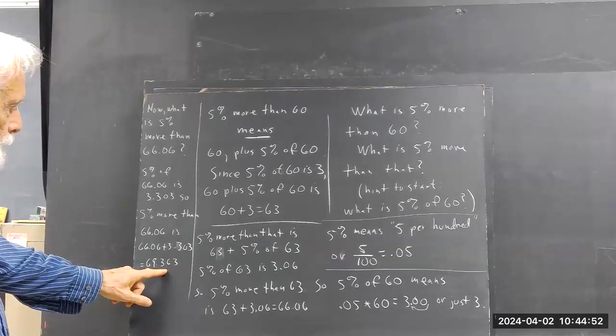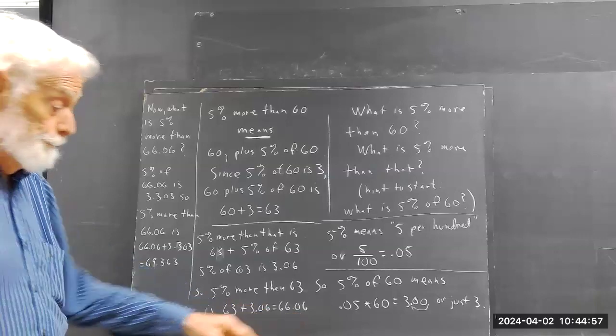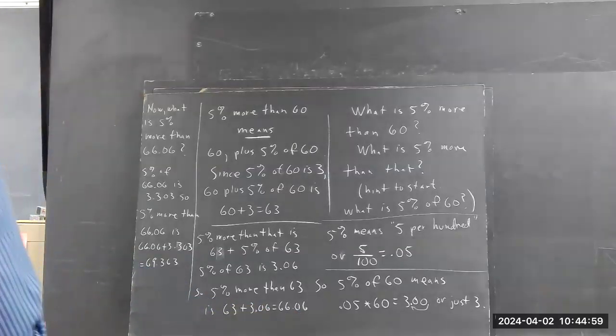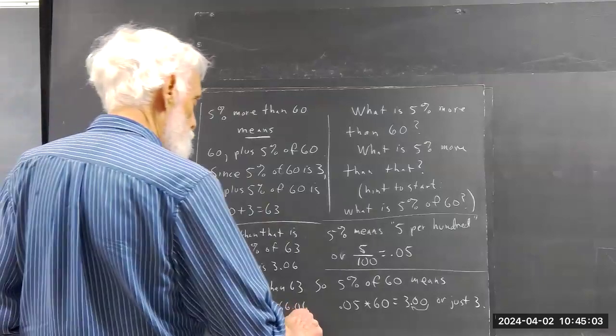Now notice the decimal part of this is a whole lot bigger than the decimal part of this. And that really means that this is starting to grow faster and faster.